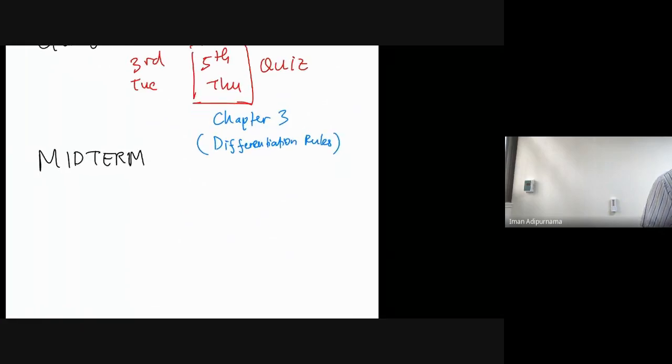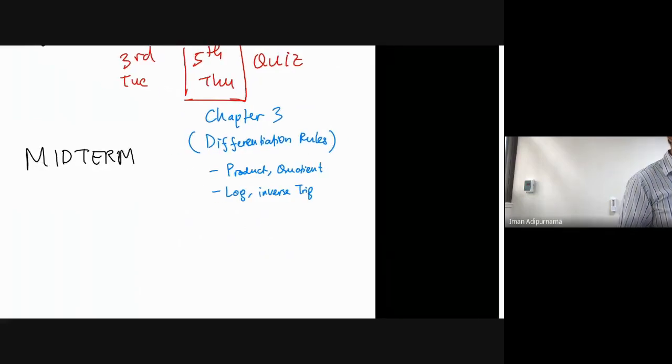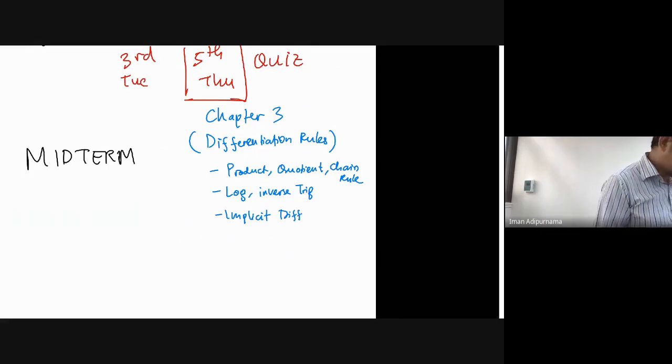This will include the product rule, quotient rule, basically most of the derivative rules, including the log, the inverse trigonometric, the chain rule, implicit differentiation, linear approximation, and also the related rates.